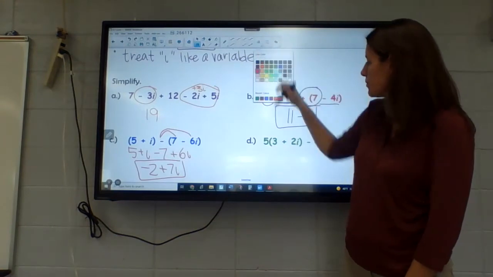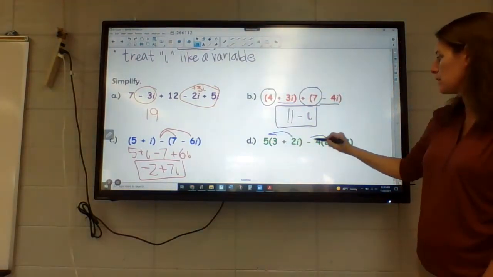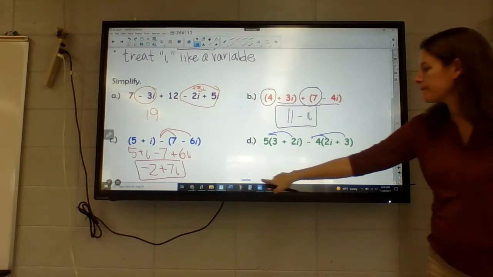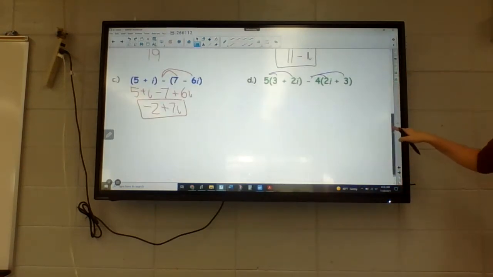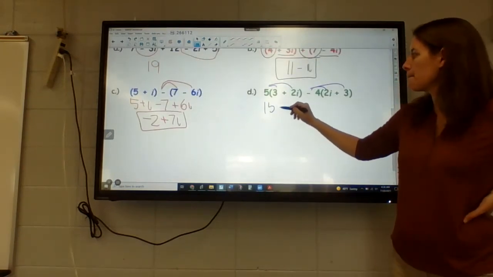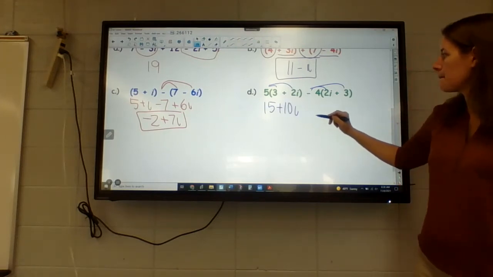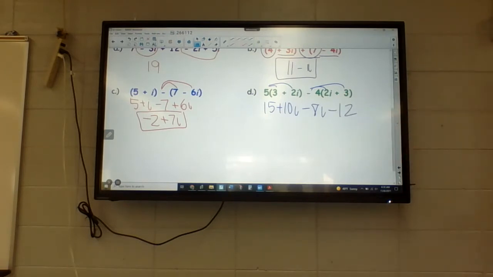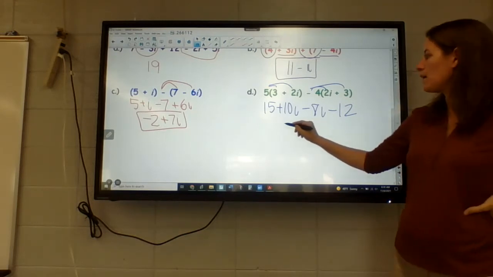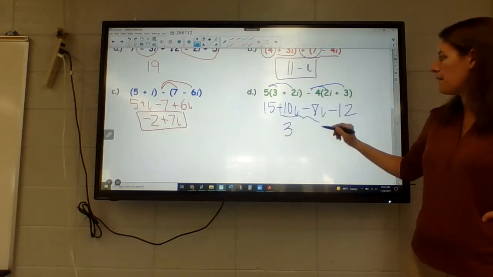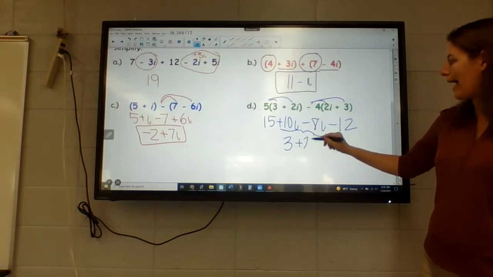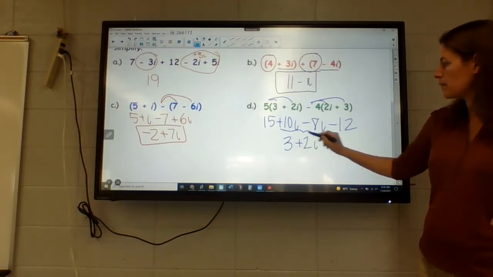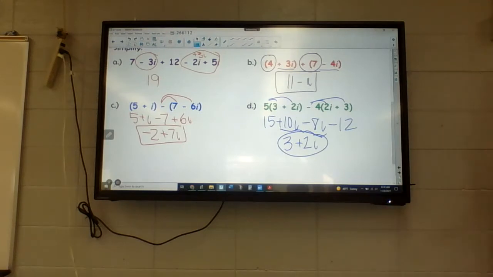And then here we'll distribute again. We'll take the real part first, so 15 minus 12 will be 3, and then these are like terms, so this will be 2i. So nothing special really going on there yet.